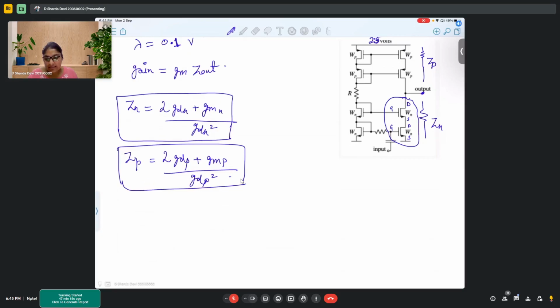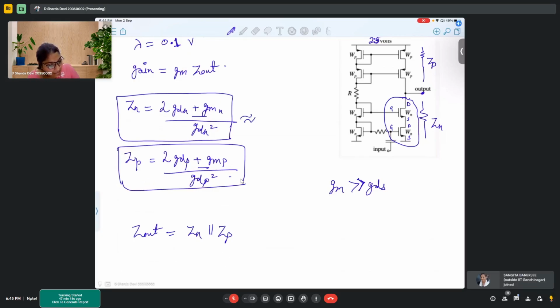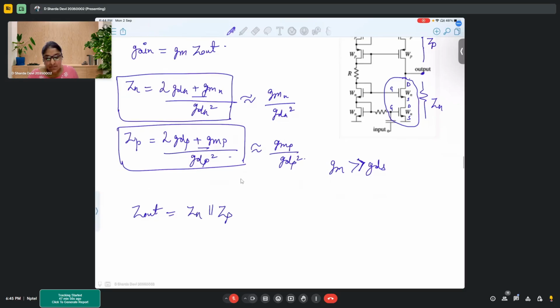Now to find Z out, it should be Zn parallel to Zp. As we mentioned earlier, GM is much greater than GDS, correct? So when GD and GM are in addition, you can simply neglect the GD term and it will become GMN upon GDN square, and this will be equivalent to GMP upon GDP square, just to simplify it.